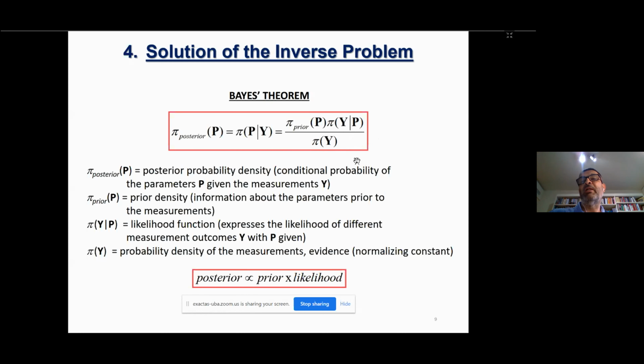It's a normalizing constant, and usually it's not required to be known.